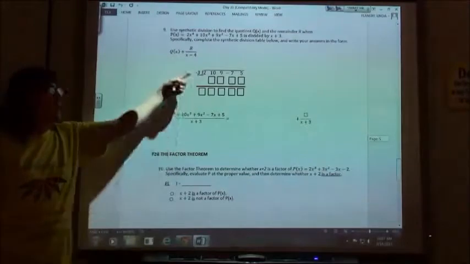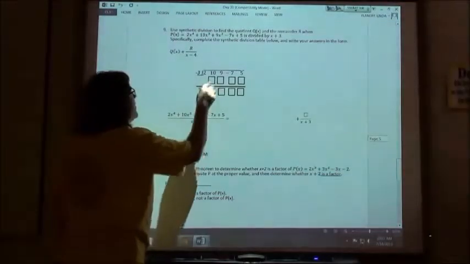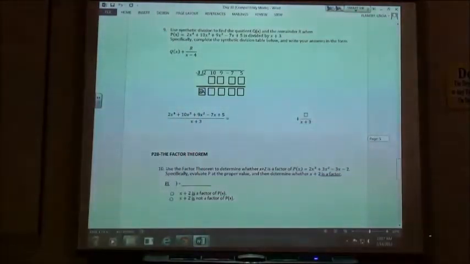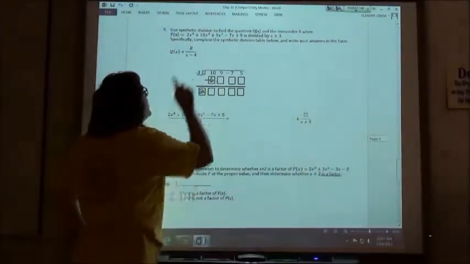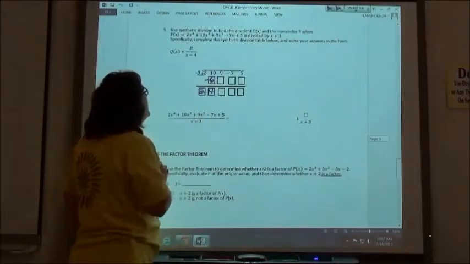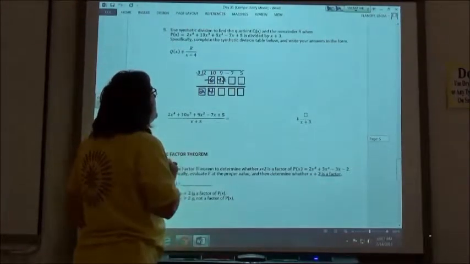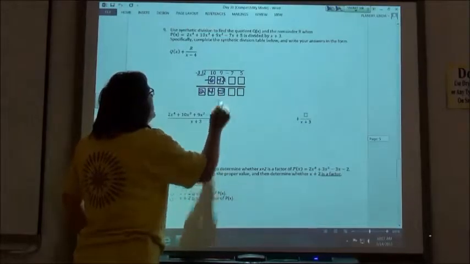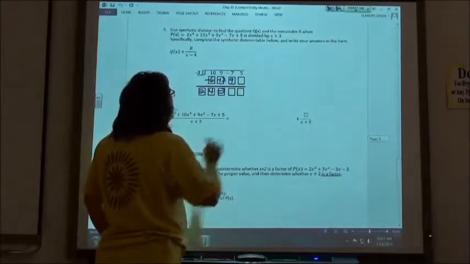Number 9 then. First thing we're going to do, drop my 2. In the next box on the top row, I'm going to have negative 6. Then we're going to bring down 4. Then we're going to get negative 12 and bring down negative 3. Then we're going to have 9 and bring down 2.